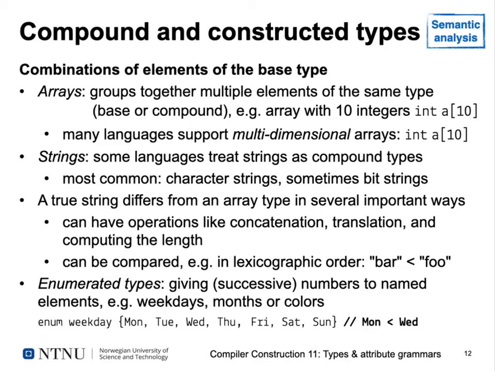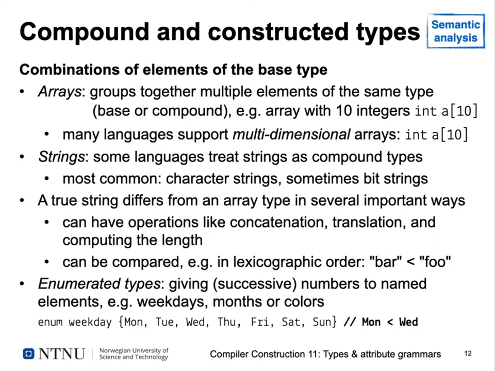Now, a true string in a programming language differs from an array type in a number of important ways. True strings can have operations like concatenation, translation, and computing the length. And we can also compare two strings in lexicographical order. For example, we can have a Boolean expression where bar is less than foo, which would be true because bar comes earlier in the lexicon than foo.